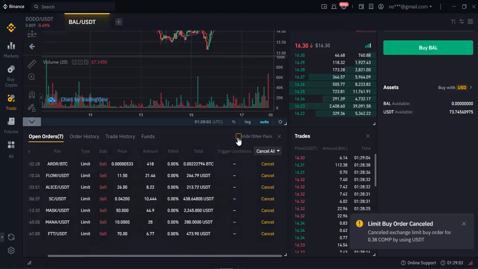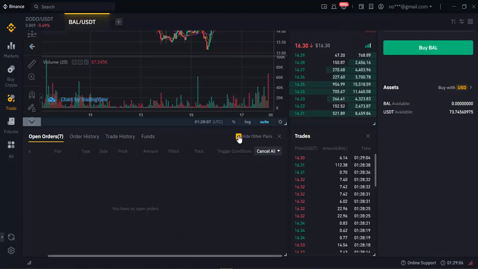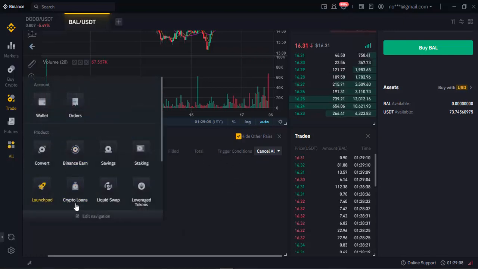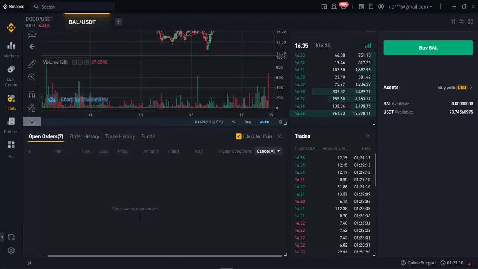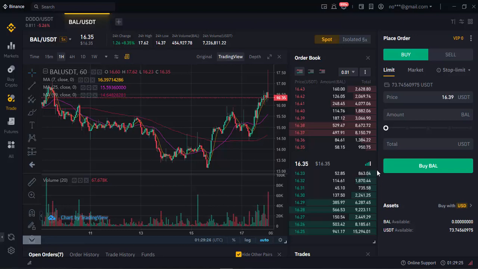And I'll go ahead and click on hide other pairs, so the other pairs won't distract my explanation. I don't want others to distract our class. Whatever we are doing, we are handling only BAL.